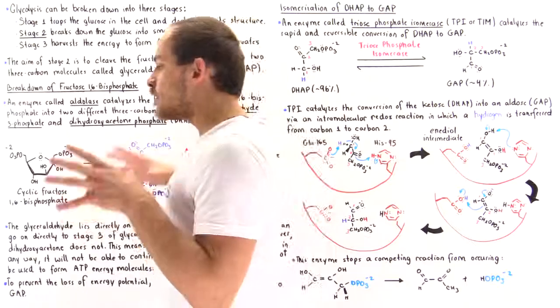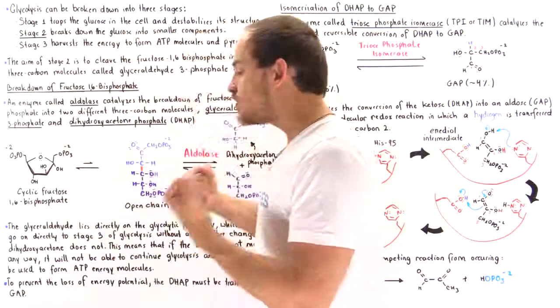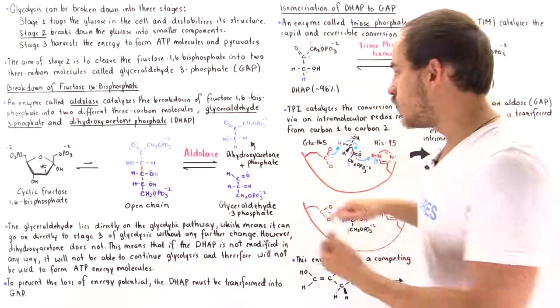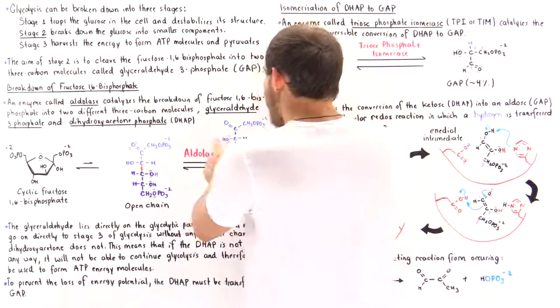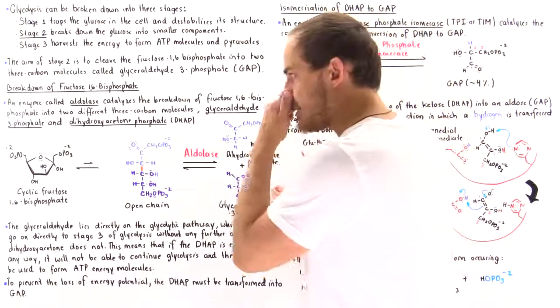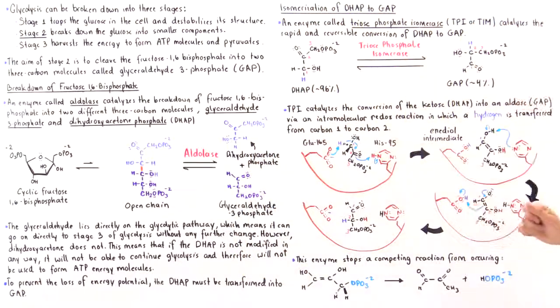And so to prevent the loss of this potential energy stored in this 3-carbon molecule, the DHAP has to be transformed into the GAP. And this is where that second enzyme comes into play.